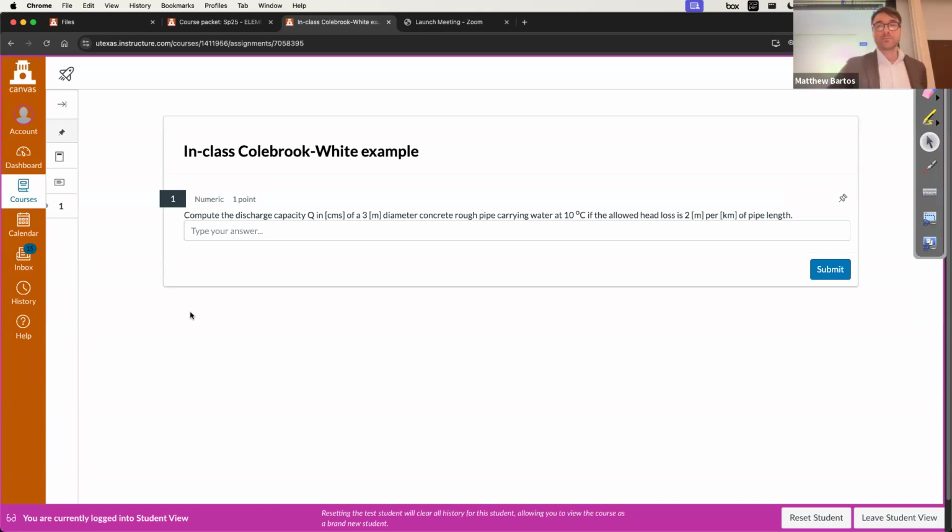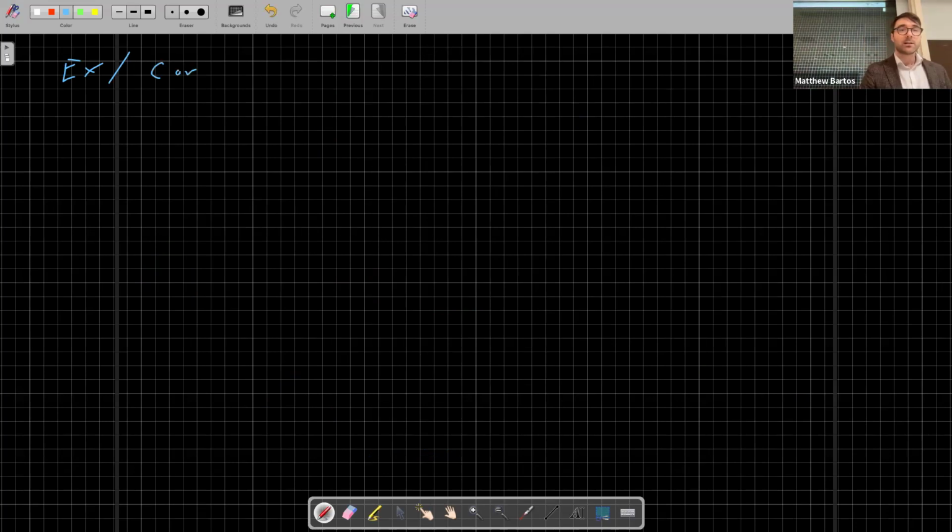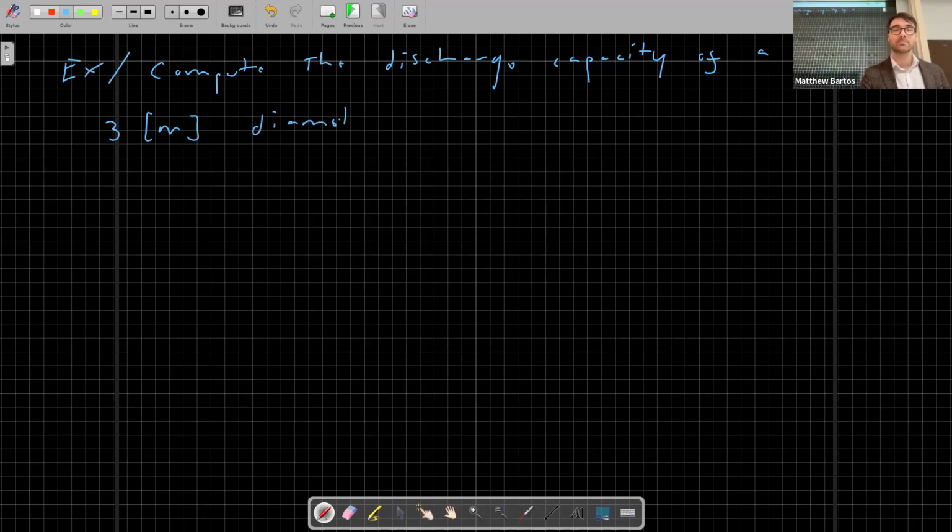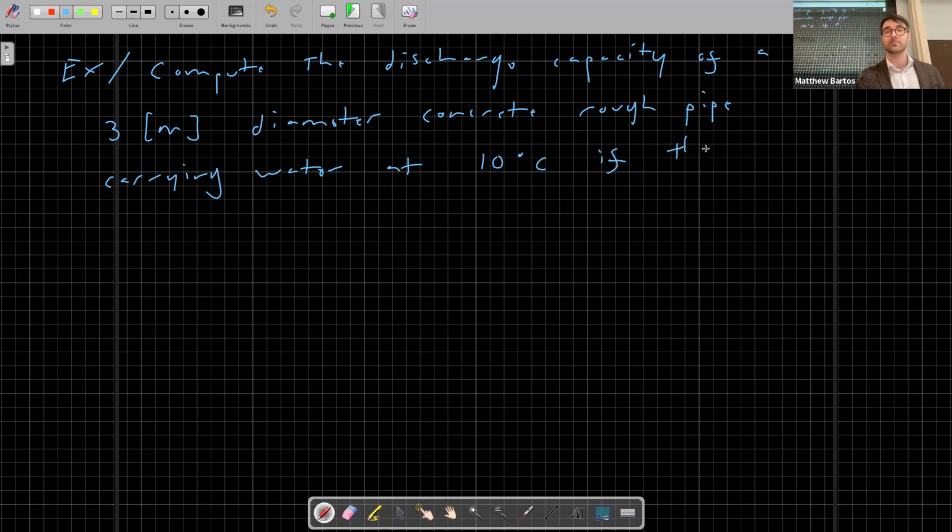So let me go ahead and write that out on the board. I want you to compute the discharge capacity of a 3-meter diameter concrete rough pipe carrying water at 10 degrees Celsius if the allowed head loss is 2 meters per every kilometer of pipe.